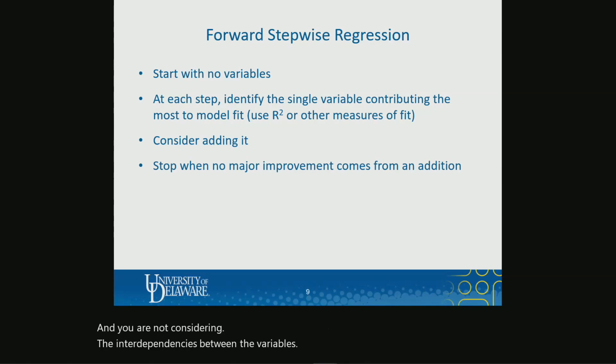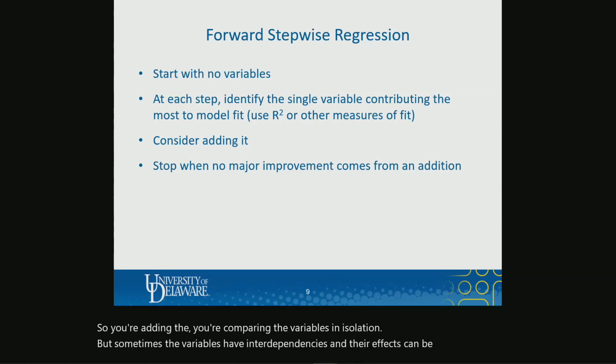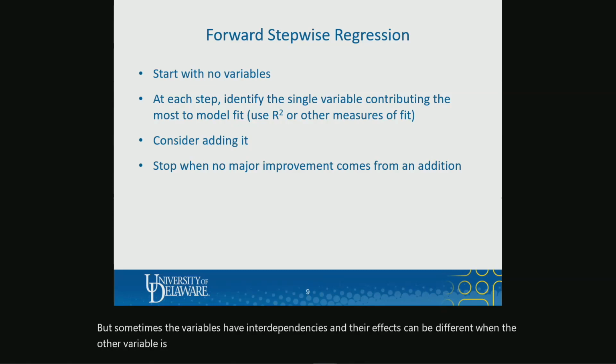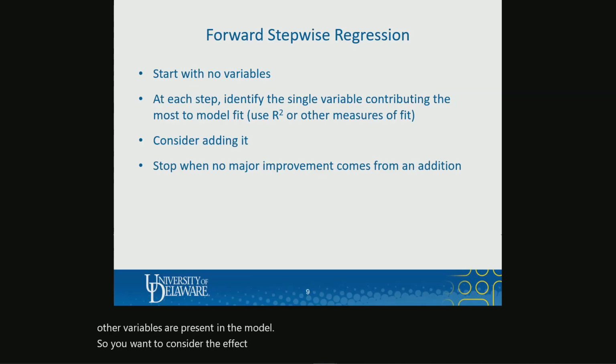So you're comparing the variables in isolation. But sometimes the variables have interdependencies, and the effects can be different when other variables are present in the model. So you want to consider the effect of the variables when other variables also are present.